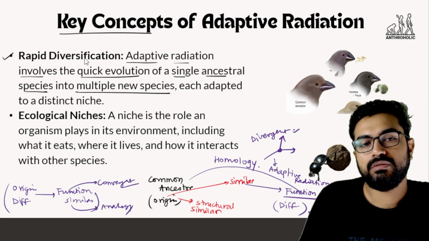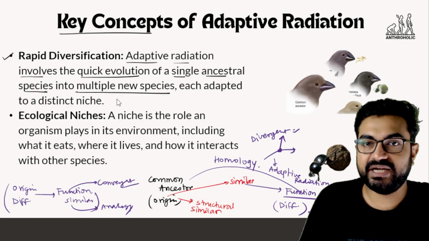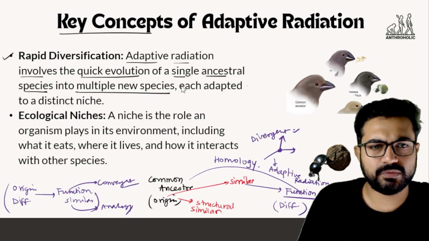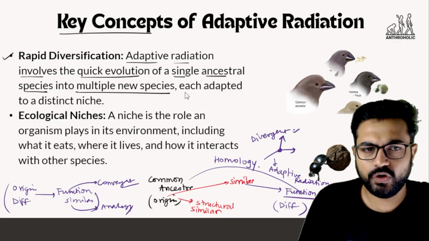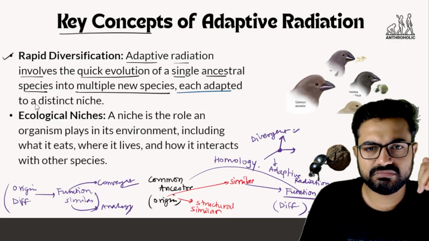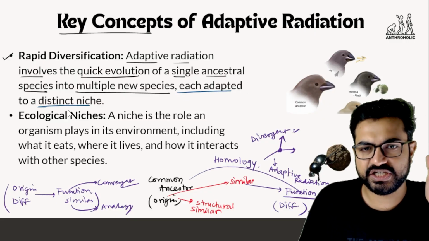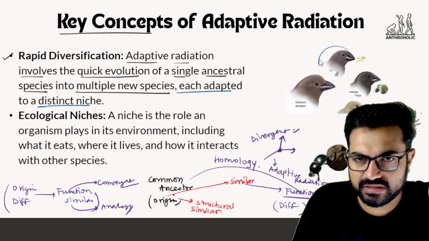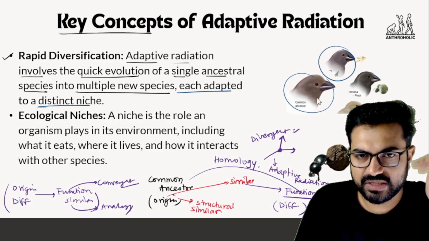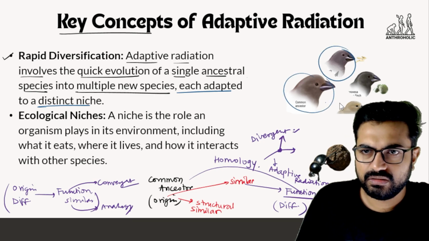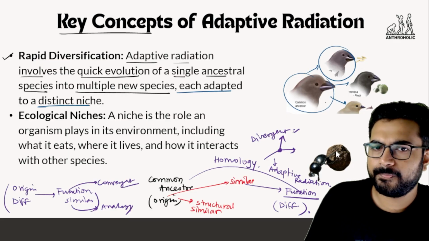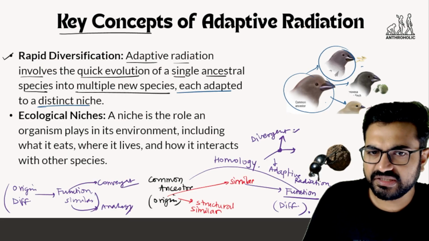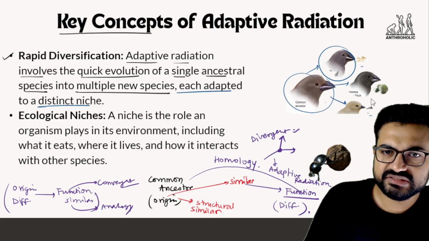So now we just talked about the rapid diversification. Because of this adaptive radiation, from a single ancestral species it developed into multiple new species, and such species were adapted to a distinct niche. As you can see here, these are Darwin's finches. There was a common ancestor, but then so many different types of finches evolved. Some ate seeds, some fed on insects, some ate something else.